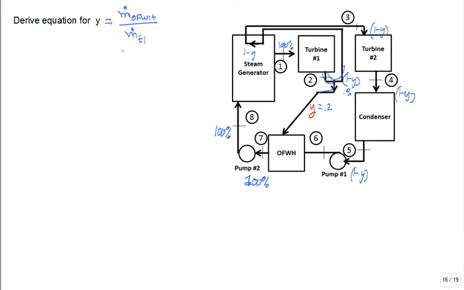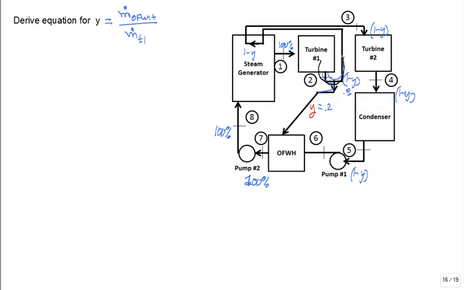Well, that mass flow rate that came into the first turbine is the mass flow rate through the first pass of the steam generator, which is the same as the mass flow rate through the second pump, pump 2. There's a lot of these that are the same, but typically the textbook says, let's talk about what goes into the first turbine. Okay? All right. So you just do a mass balance. I know that it's a little awkward talking about these.